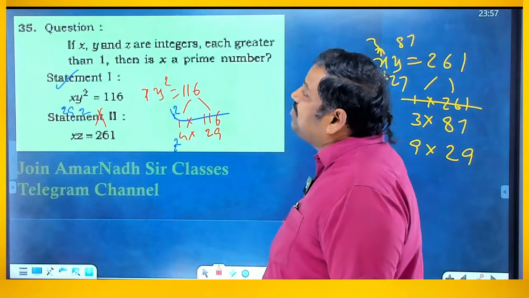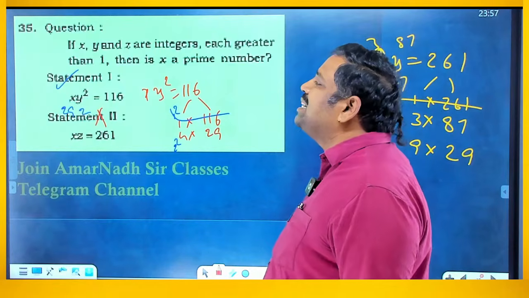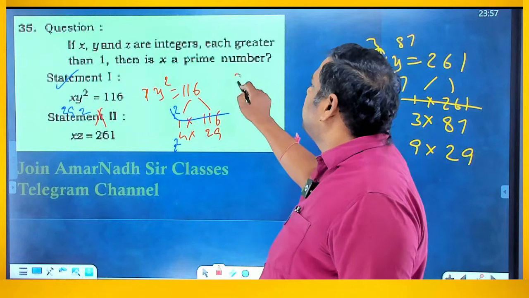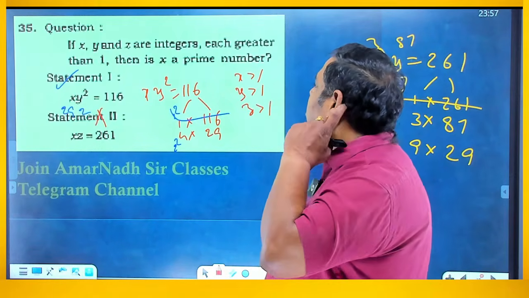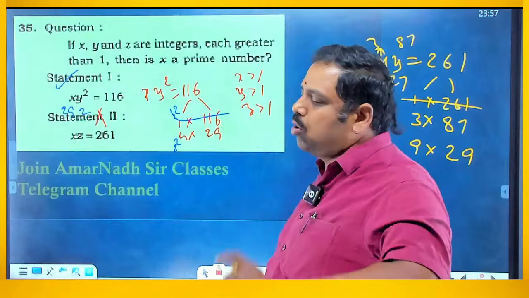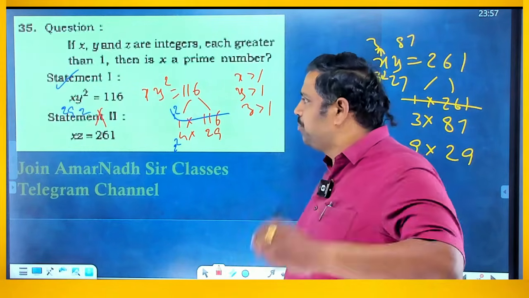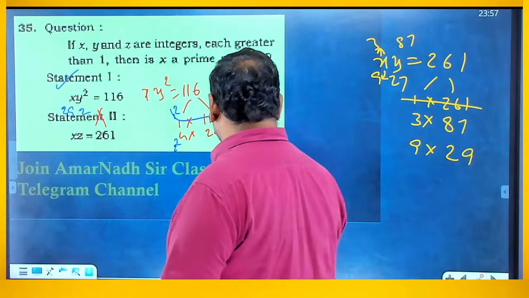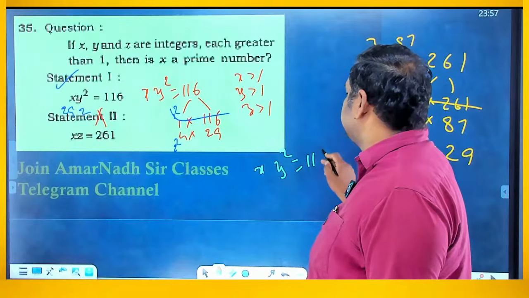If x, y, and z are integers, each greater than 1, that means x is a number greater than 1, y is a number greater than 1, z is also a number greater than 1. Then is x a prime number or not? He is asking. He gave x into y square is equal to 116.